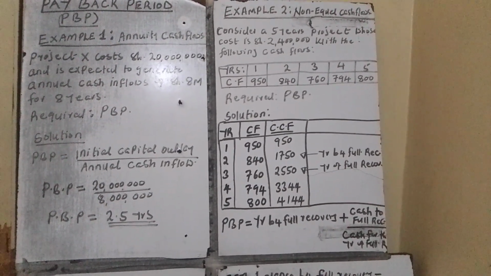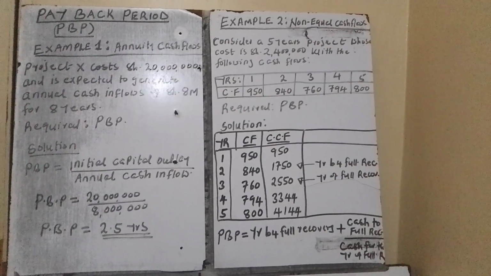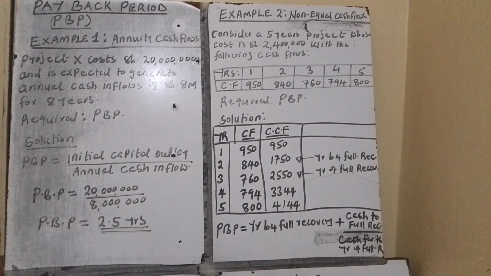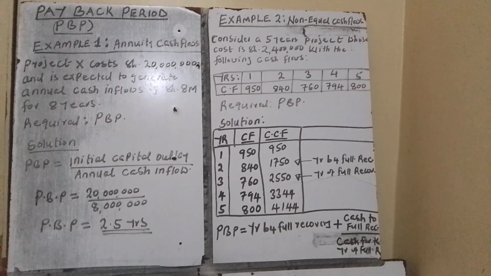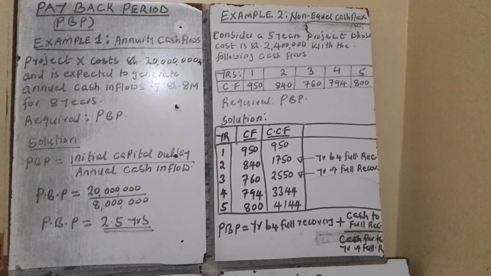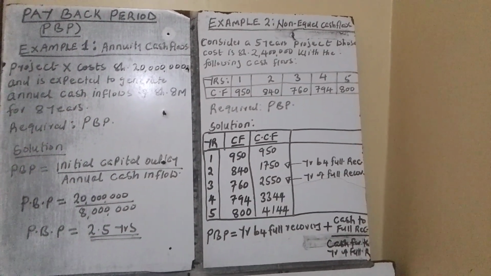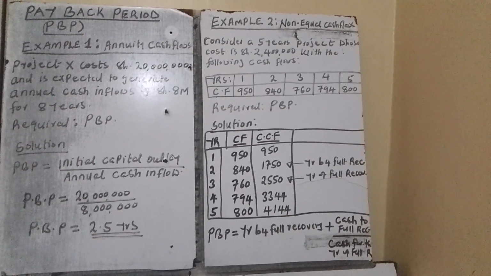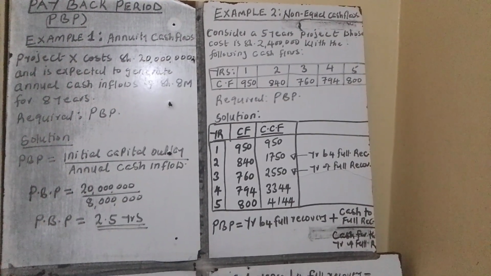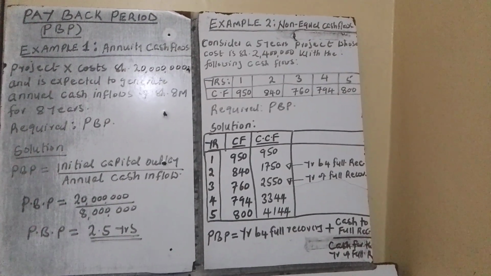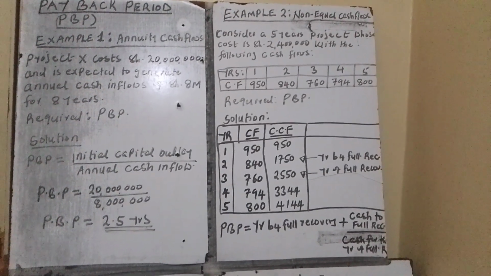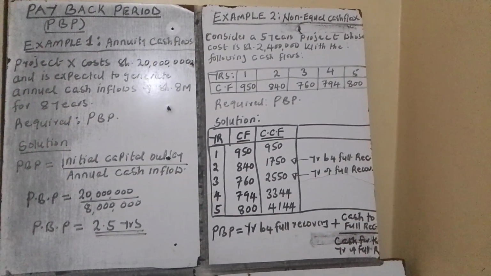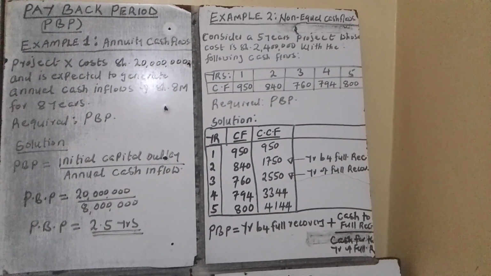We are not talking about the present values, the present value interest factors, because these are non-discounted cash flow techniques. The non-discounted cash flow techniques, that is the payback period and the accounting rate of return, don't consider the time value of money.